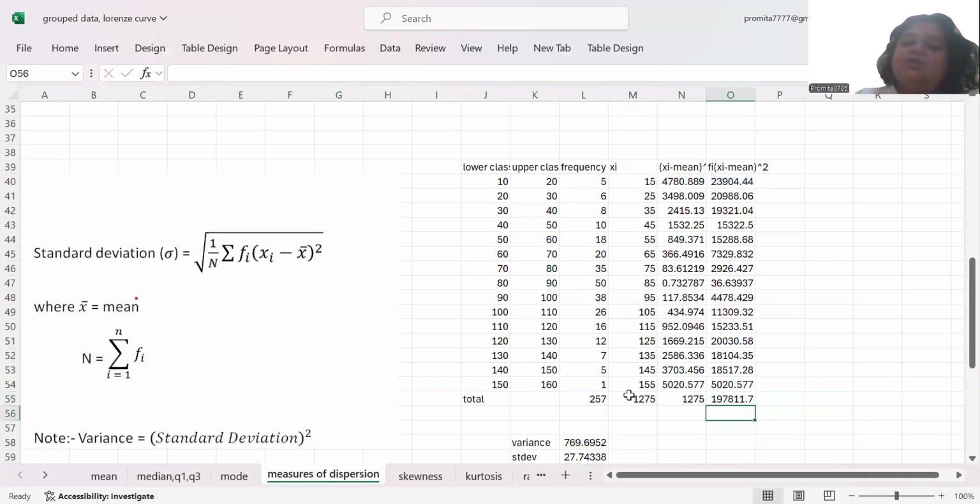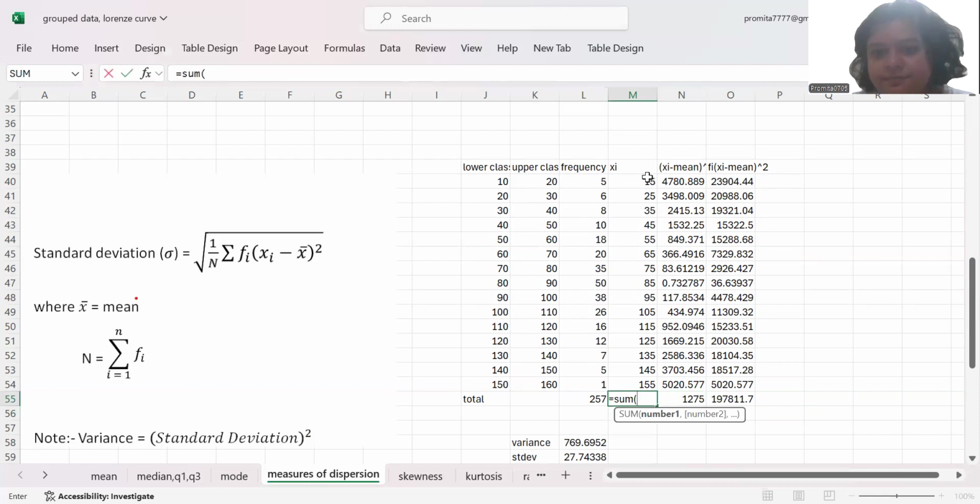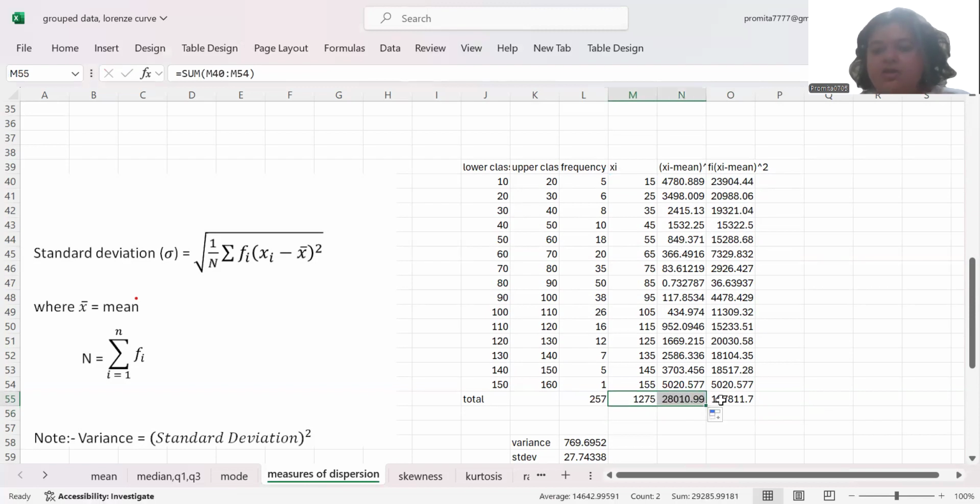Huh, I think I made some mistake there. Oh, sorry, there was a mistake. So the summation fi into xi minus x bar whole square is this value, 127811.7.